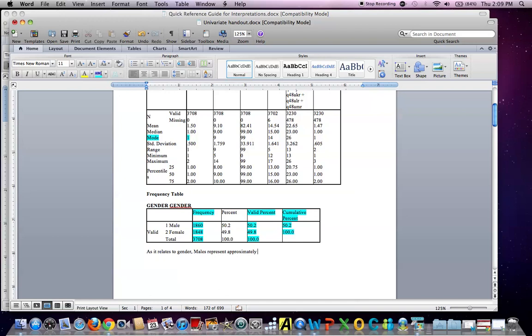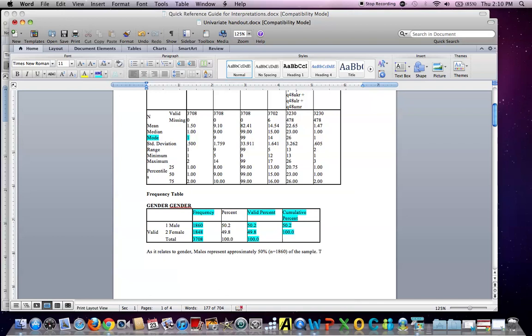Approximately 50%, n, small case n, is equal to 1860. Males represent approximately 50% of the sample.